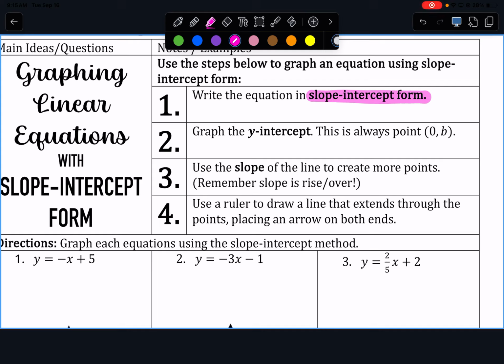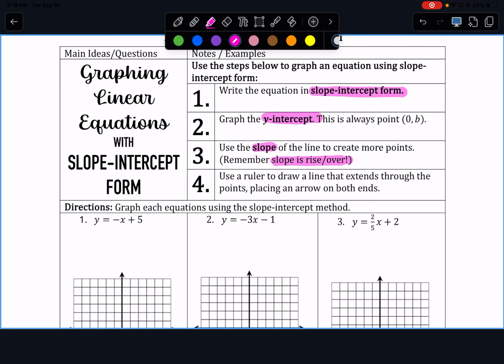But step 2, we have to then graph the y-intercept. And then we are going to use the slope of the line to create more points. Remember, slope is rise over run, okay?